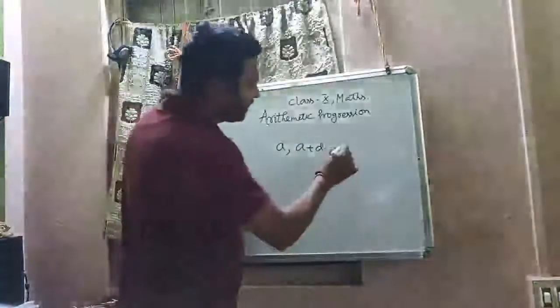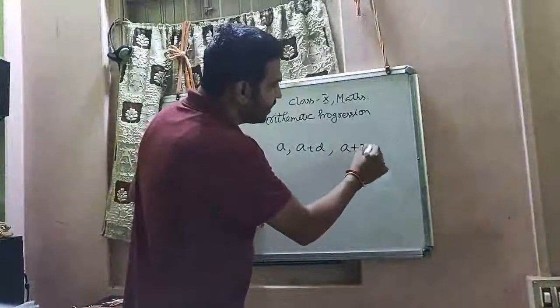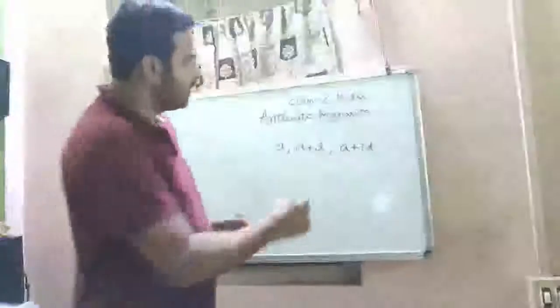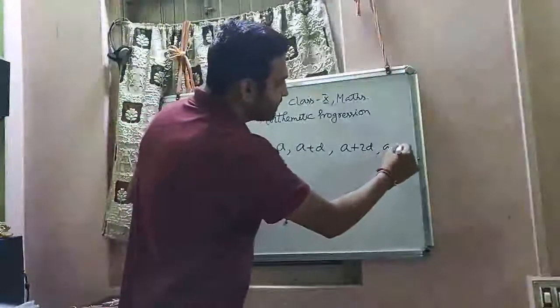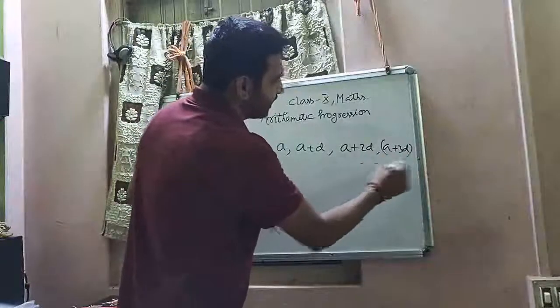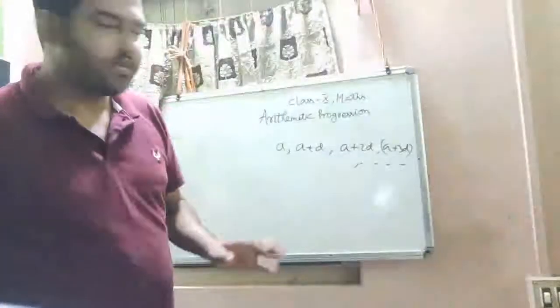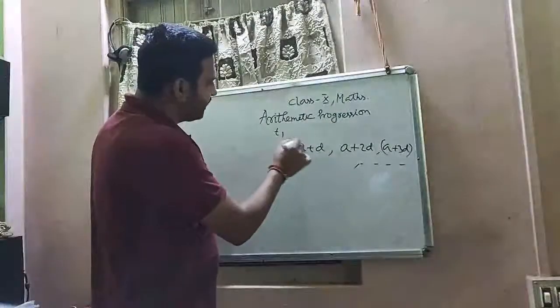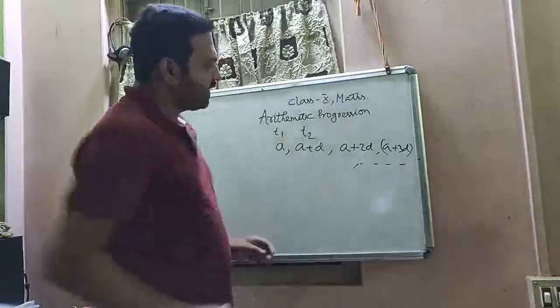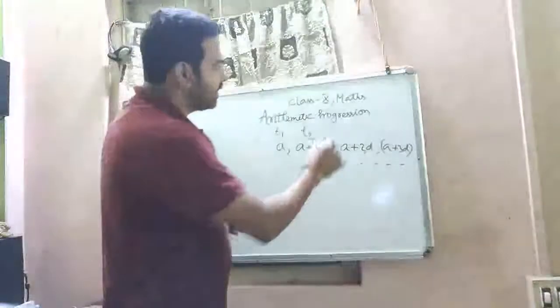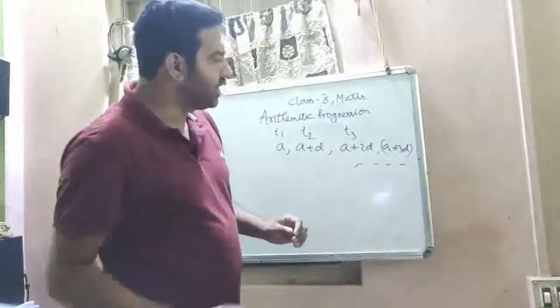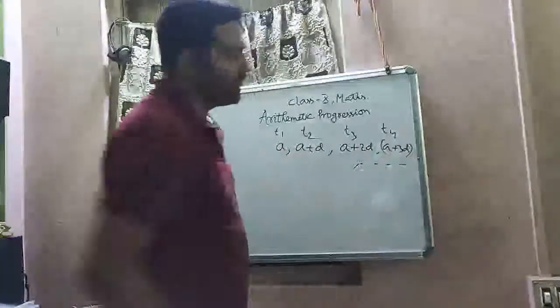Similarly, how to write the third number? A plus 2d, d plus d. Then a plus 3d, like this. As because the common difference is d. So a is the first term, second term is a plus d, third term is a plus 2d, fourth term is a plus 3d.